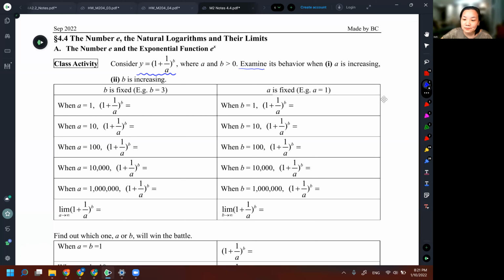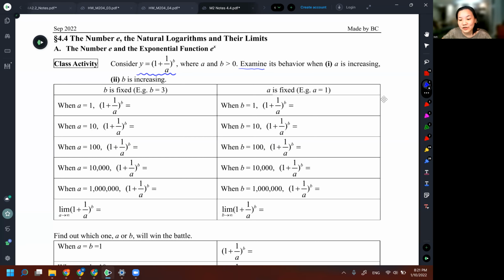Now, suppose b is fixed. I will just fix b equals 3. You can fix b equal to anything as long as it's a fixed value. It will not matter. Now, let's say b equals 3. And then you can see I increase the value of a gradually from 1 to 10 to 100 to 10,000, a million. And I will use my calculator to get a few values.